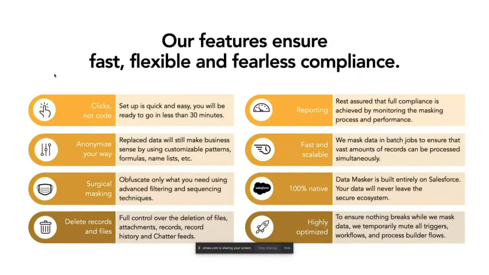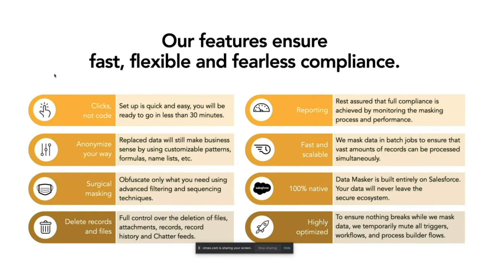You can do those kinds of things with Data Masker. And you have full control over deletion of files, attachments, case records, chatter feed, field history, all of that. So extremely robust capabilities to make sure that anything that doesn't need to be in your sandboxes, particularly unstructured data, we can make sure that it's not there.